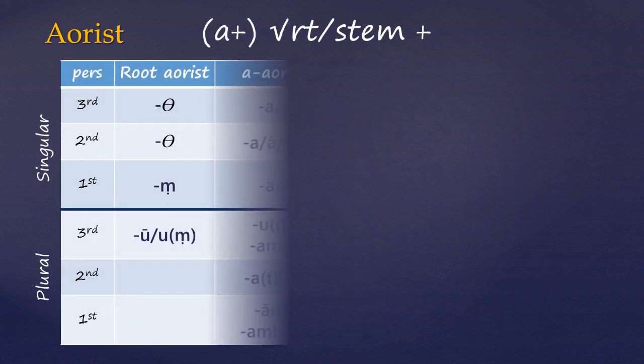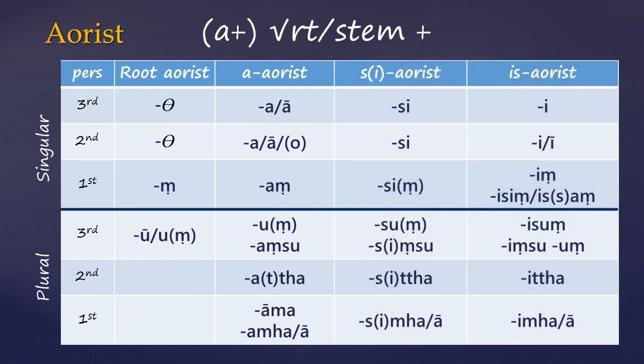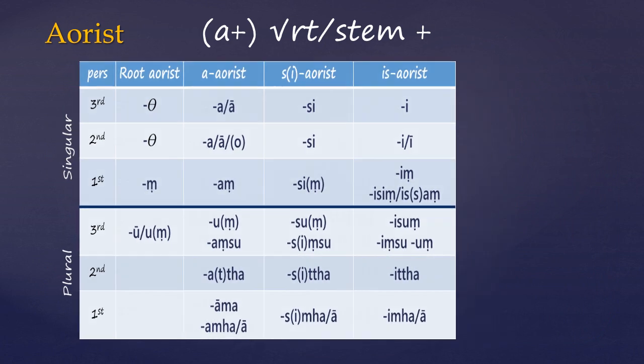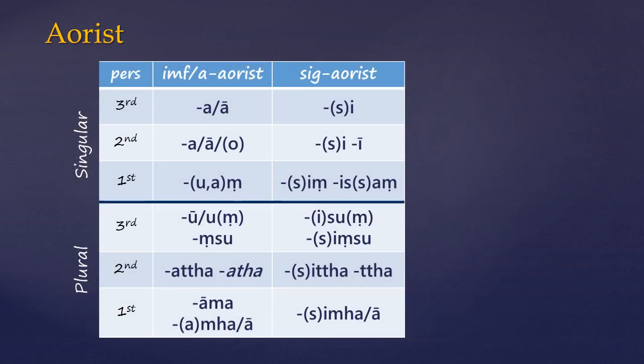So now we've covered how the four types of aorist are formed in Pali. If we now lay these out side by side, and ignoring the reflexive endings, we can see that they aren't actually that hard to recognise. In fact, they can, and often are, reduced to just two sets, those based on S and those based on A. In some grammar guides, these are identified as the imperfect and the aorist.